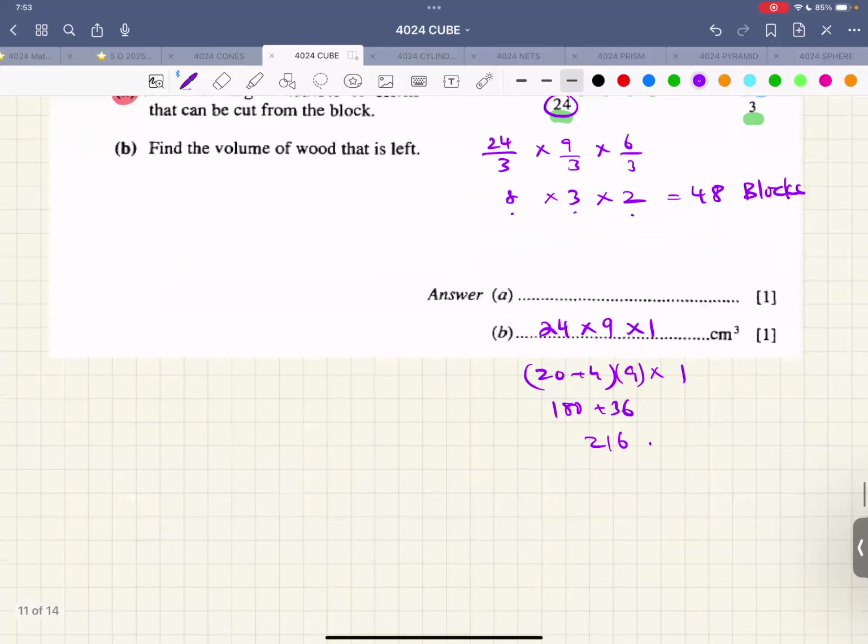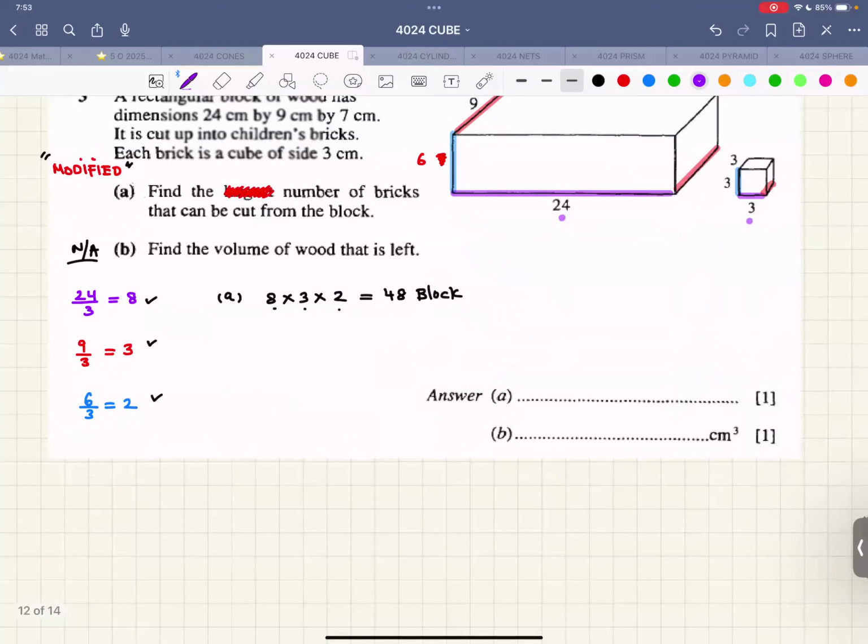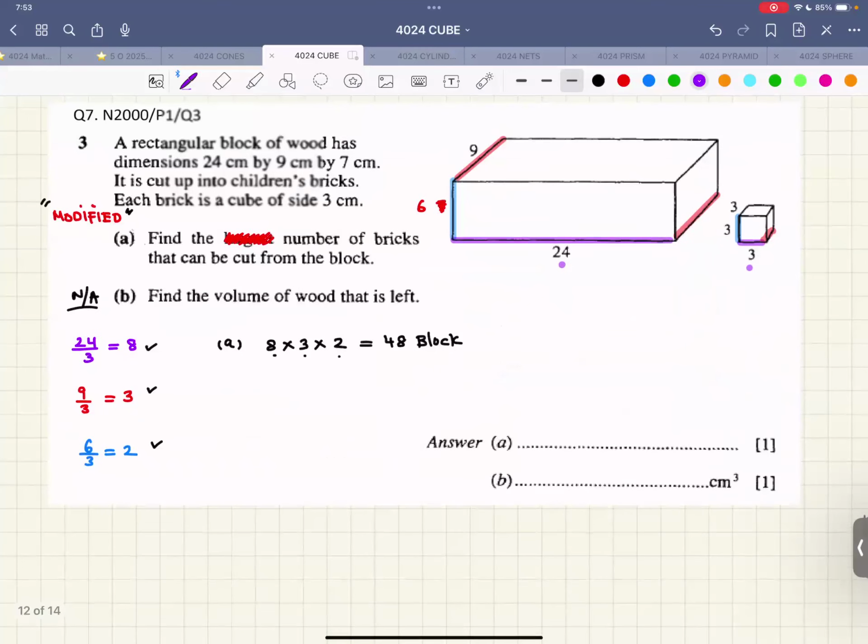A very conceptual question. Let's look at the working over here. First, I modified this question. I made it into 6, just like I told you. So that's 8: lengthwise, 8 blocks can be cut. Widthwise, 3 blocks can be cut. Height-wise, 2 blocks can be cut. So 8 into 3 into 2, that's 48.